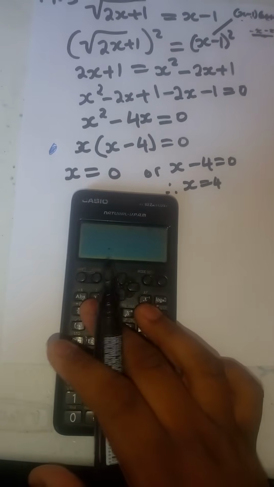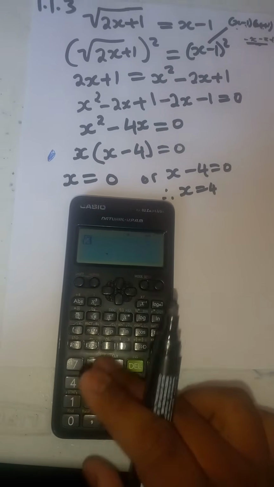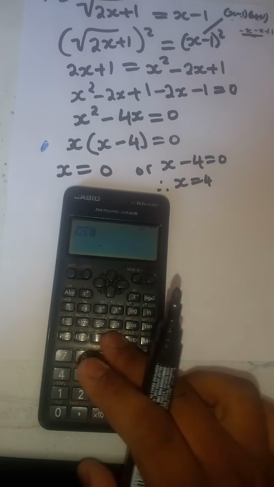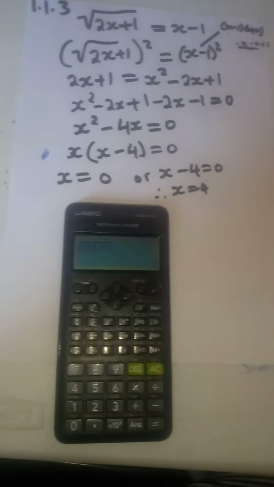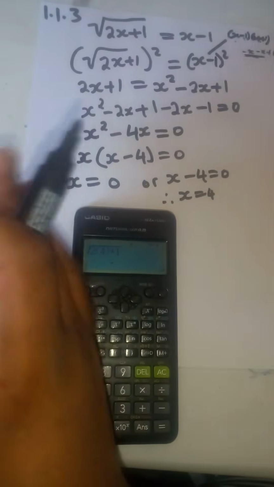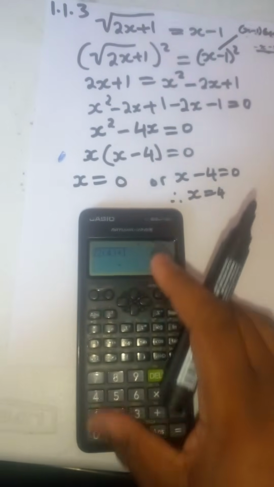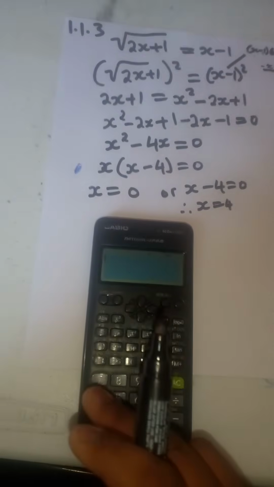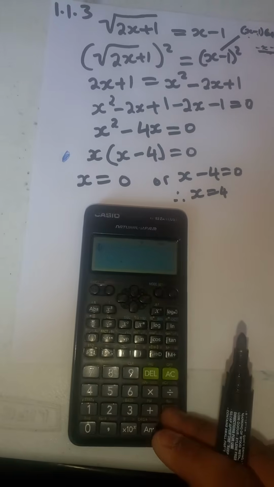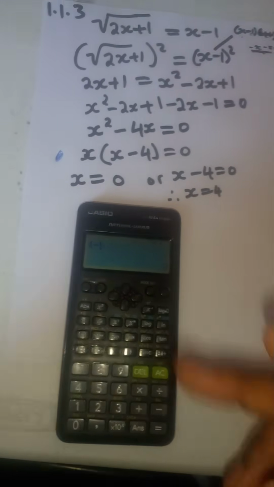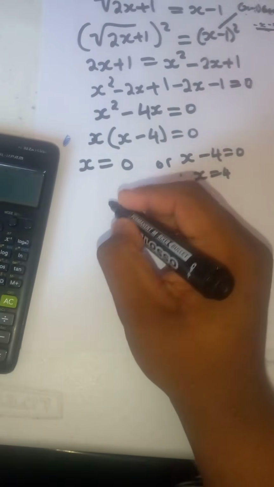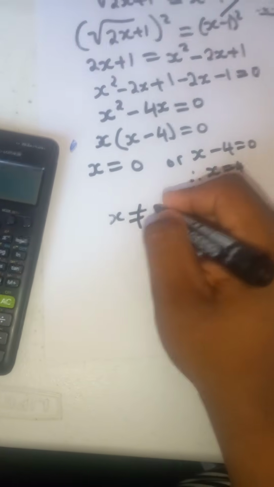Let's check 4. You take 2, where there is x, you put what? 4. Close bracket, and then plus 1. What do you get? You get 3. On this side, on the left hand side, using this equation. Let's use x minus 1. Where there is x, you put what? 4. Minus 1. You get what? 3. So 3 is equal to 3. So it means you're going to write x is not equal to 0.